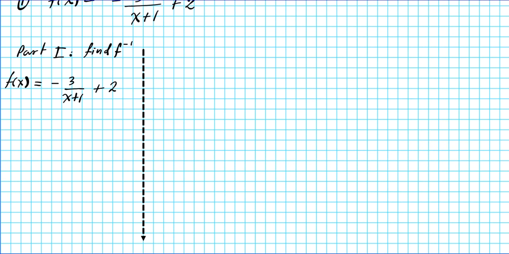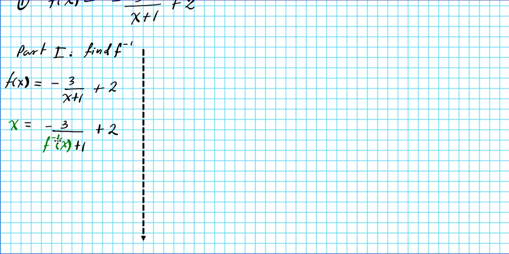Take away the f of x, replace it with x, and that is equal to -3 divided by, take out x and replace it with the inverse of f, plus 1, and this entire quotient plus 2.